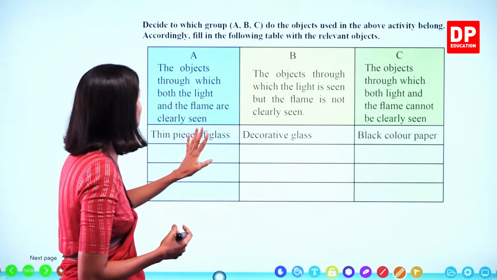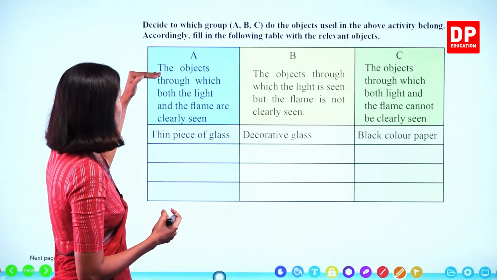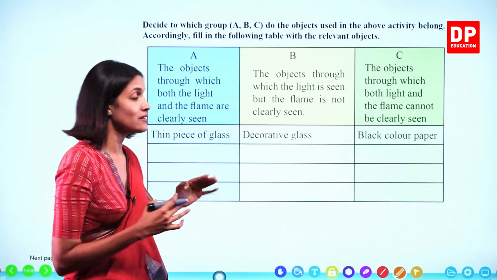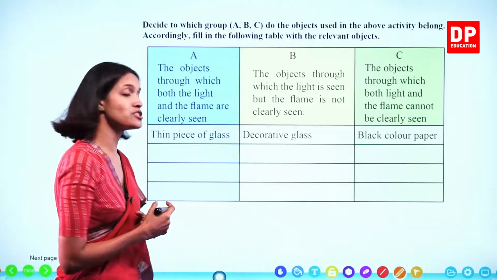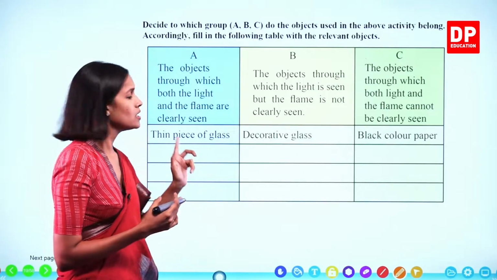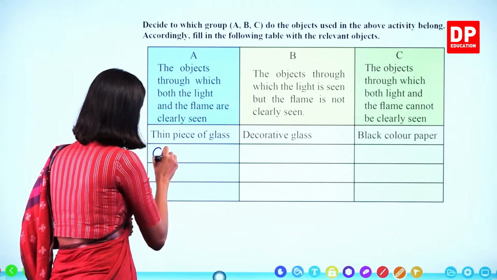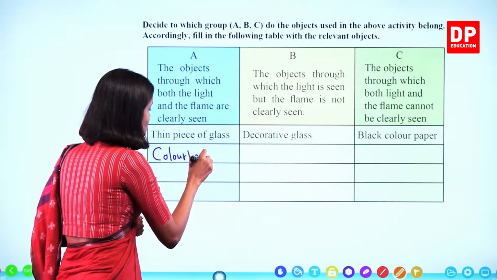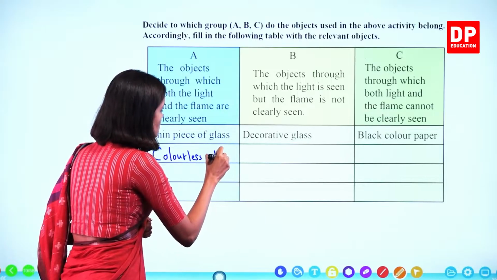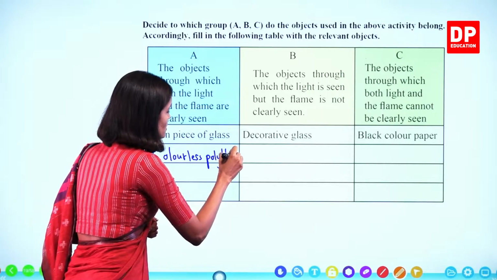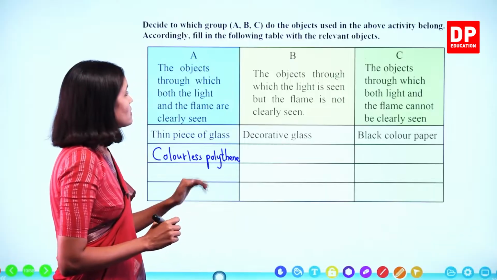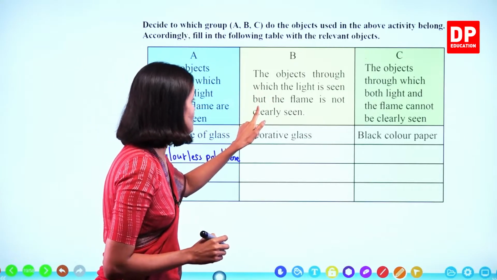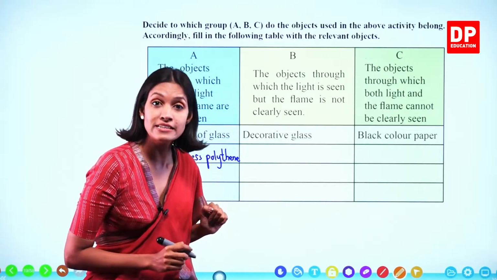We will do this now. So A means the objects through which both the light and the flame are clearly seen. So the first example given, thin piece of glass. What is the other example? Colorless polythene. Right.